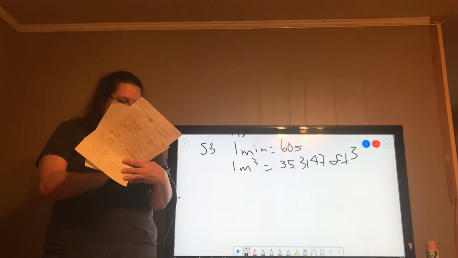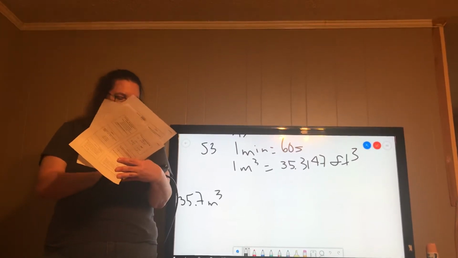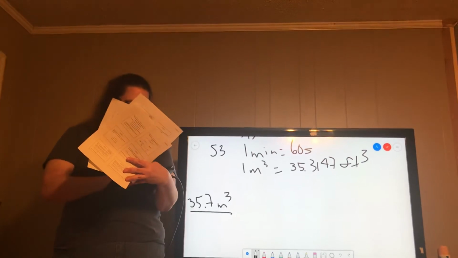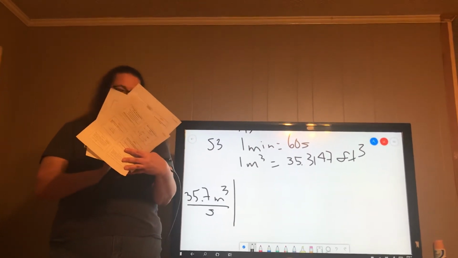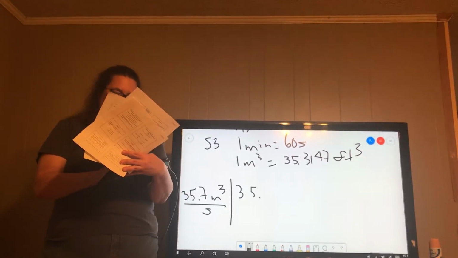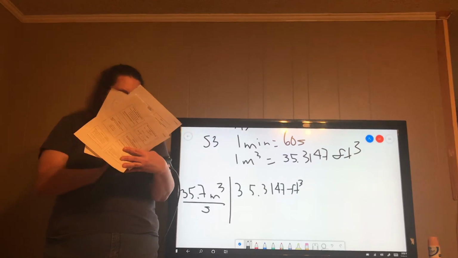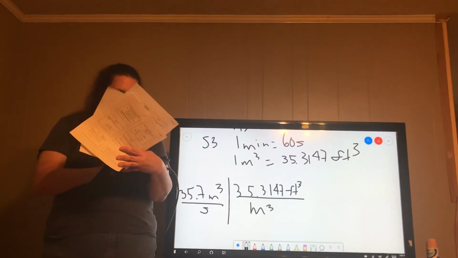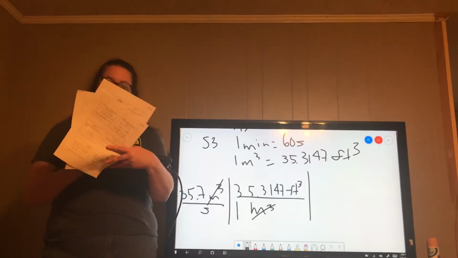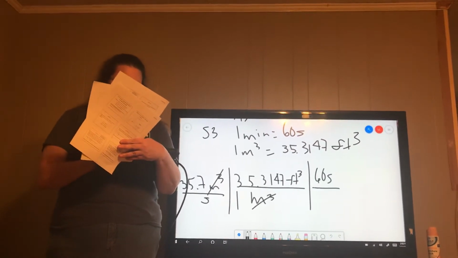So I write 35.7 cubic meters. That's what we're starting with. And it's per second. Okay. So I'm going to do 35.3147 cubic feet per cubic meter. And then I have 60 seconds per 1 minute.